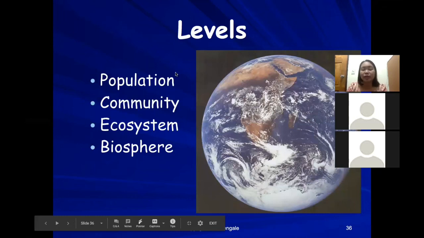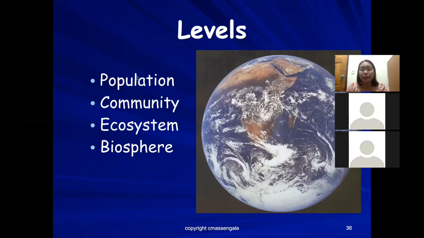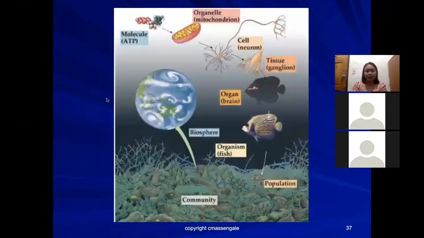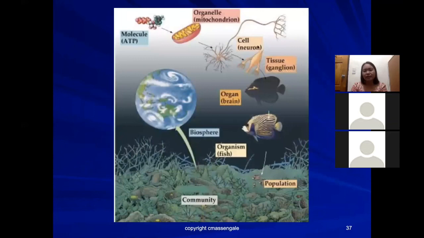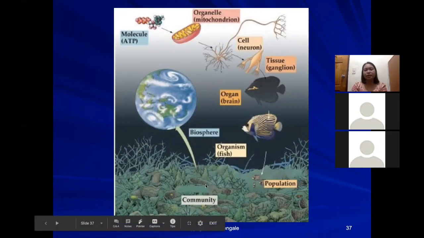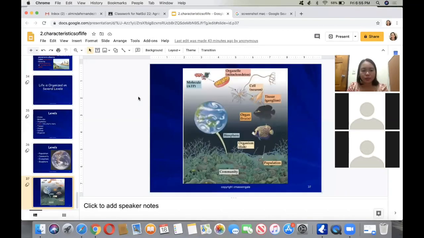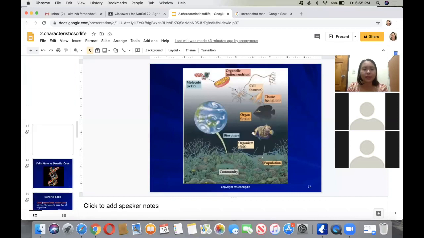So an organism is a member of a population, a member of a community, and then we go to ecosystem, and the earth is our biosphere. So this is how it goes: the molecule in the form of ATP, and the organelle, the cell, tissue, organ, and the organism, population, community, biosphere. So that's all, I think we are done with the characteristics of life.